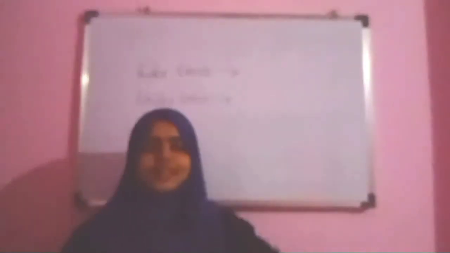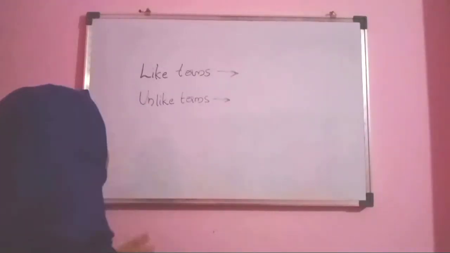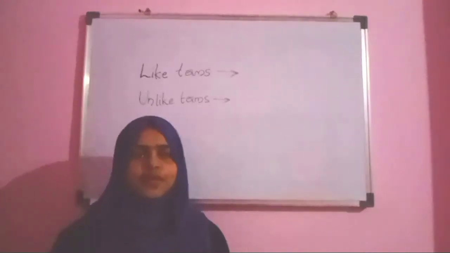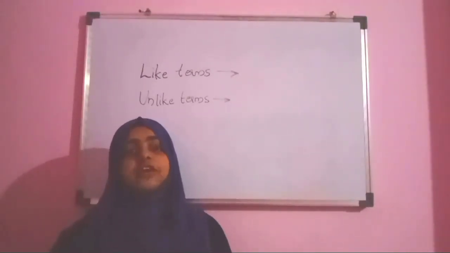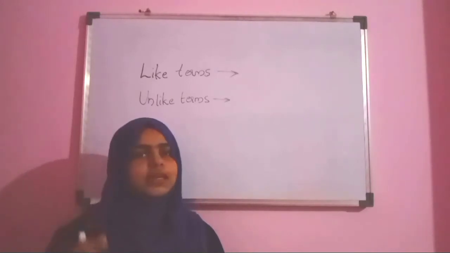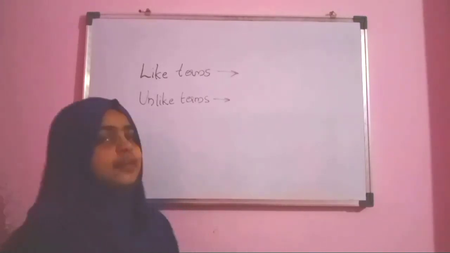Okay. Now next come our like terms and unlike terms. Like terms means what? We know what terms are. What are like terms? If the variables used in algebraic expressions are the same, then those terms are known as like terms.